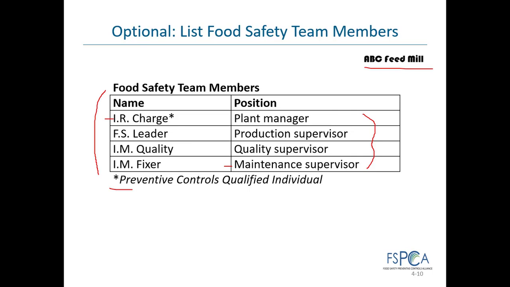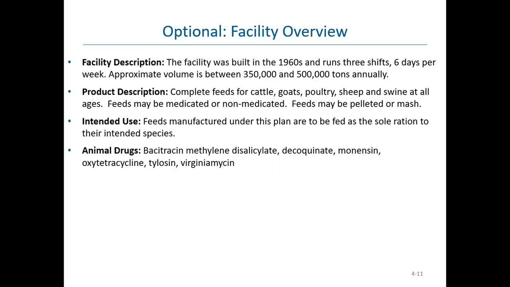Okay, so first optional thing, list of your food safety team members. Second optional thing is going to be a facility overview. So this is meant to just be a narrative of what's going on in your facility to help an investigator or help your customer see the picture of what's going on in your facility. So what kind of products you're making. It can help identify any particular hazards that you're bringing into the facility or that may end up in your final product.